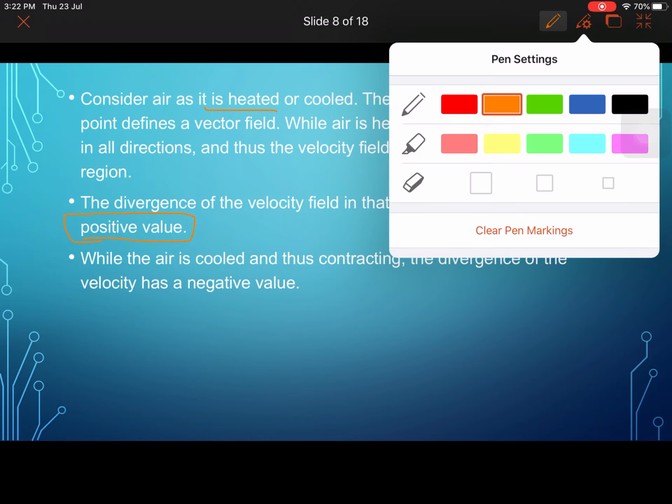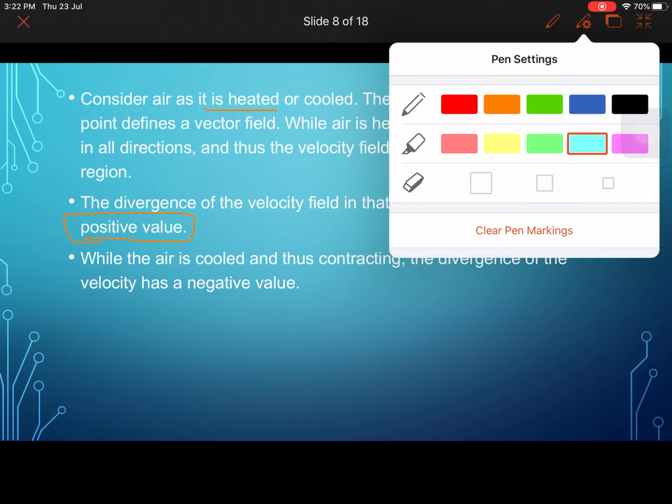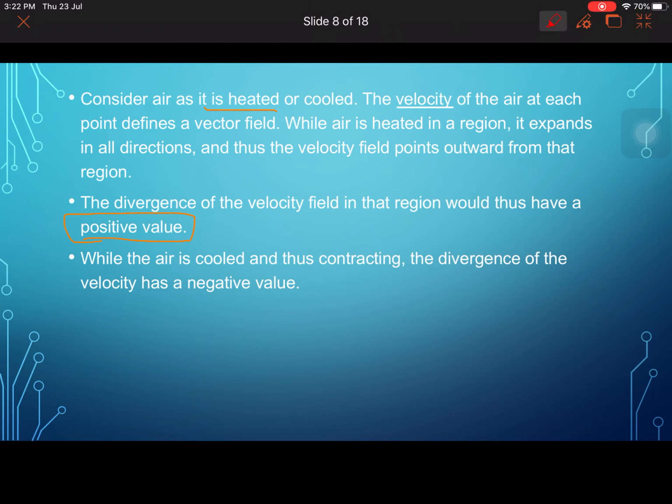When it is cold, it is getting contracted. Cooling and contracting, the divergence value is a negative value. Please remember this, negative value. Sink, divergence value is less than 0, it is negative. Source, diverging away, diverging out, so it is a positive value.